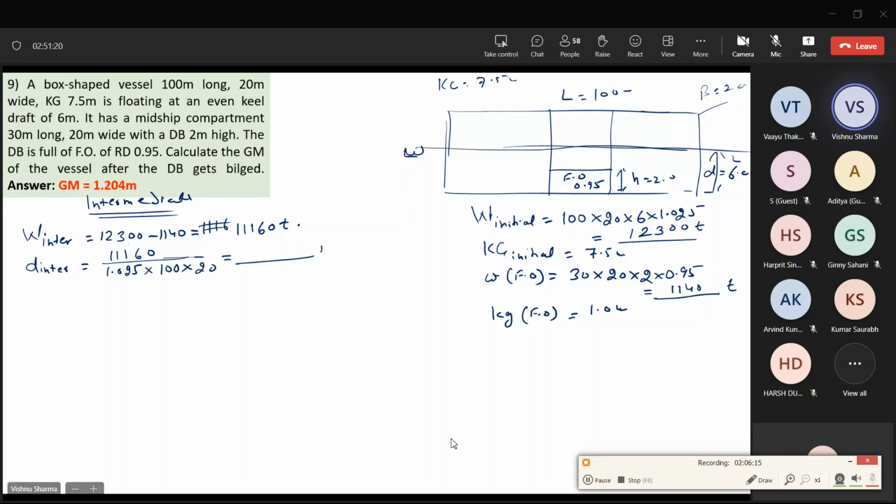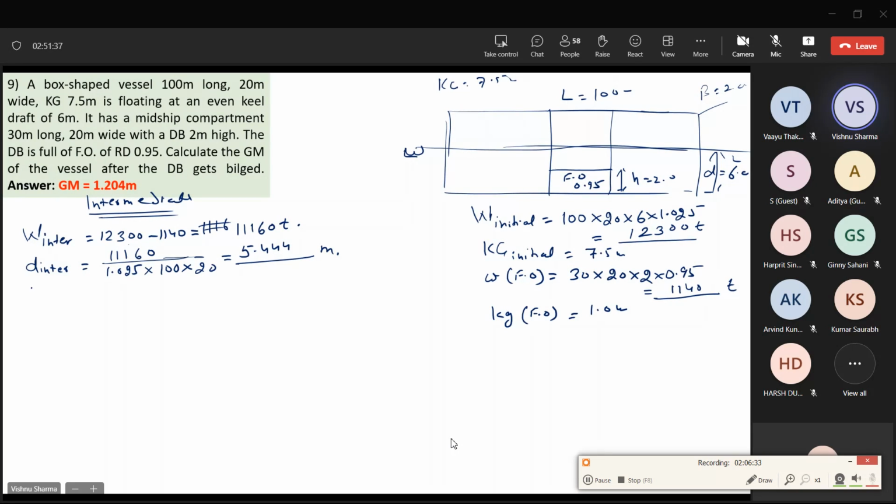How many meters is the draft, guys? 5.444.